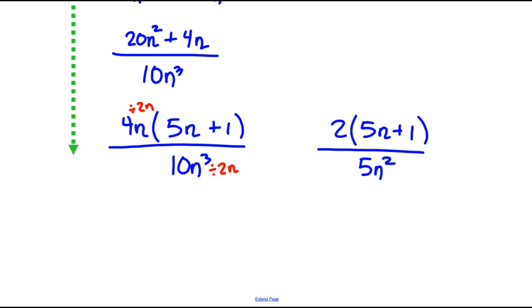Other people like to look at this and take a 2n out of the top, and I'm left with a 2. Take a 2n out of the bottom, and I'm left with a 5n squared. All right, nothing else you can do there, so that's it.